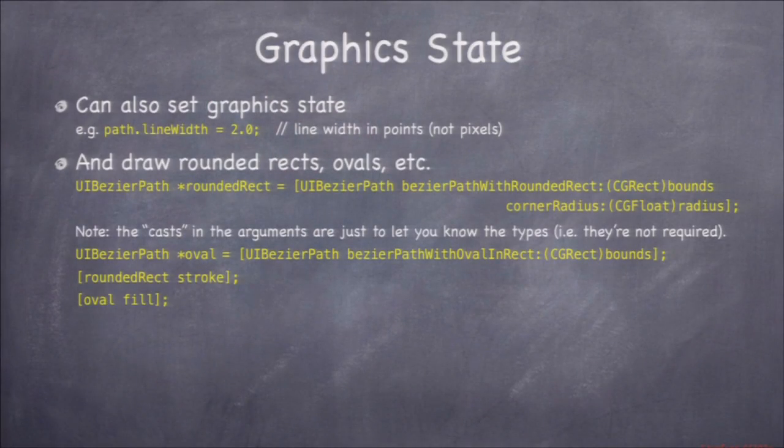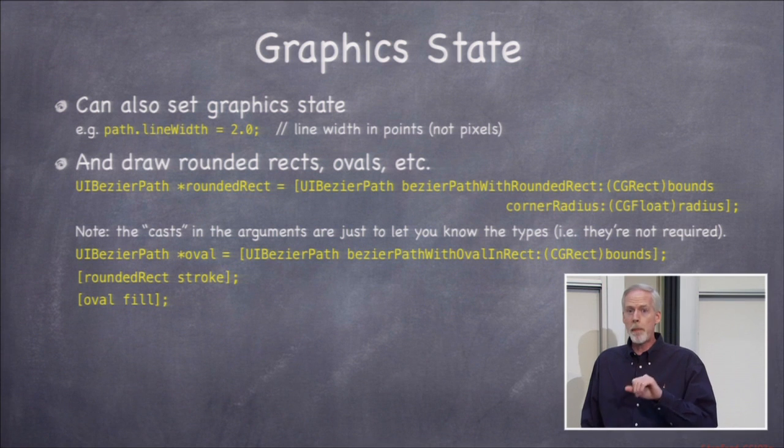Make sense? Okay? Now this might all seem like, whoa, triangle, great. I can draw a triangle. Sounds easy. But there's actually a lot that UI Bezier Paths can do that's really much more sophisticated than that. You can set your line widths and patterns and all kinds of stuff like that to make it more interesting.